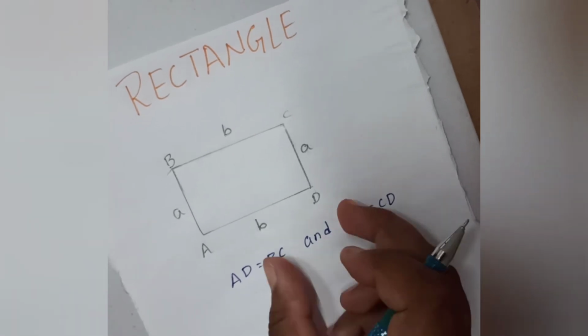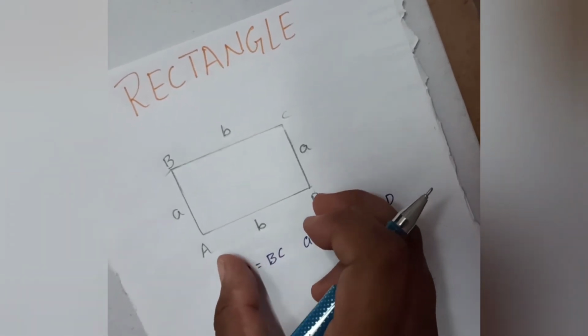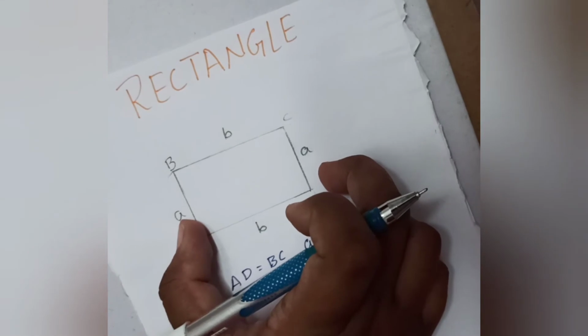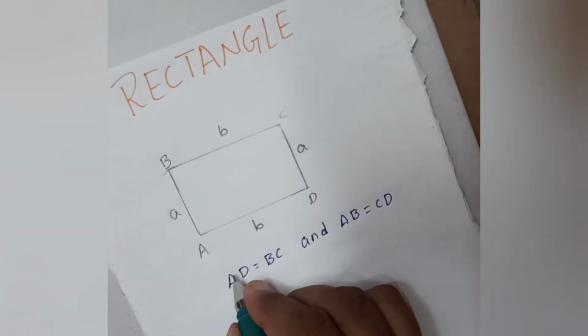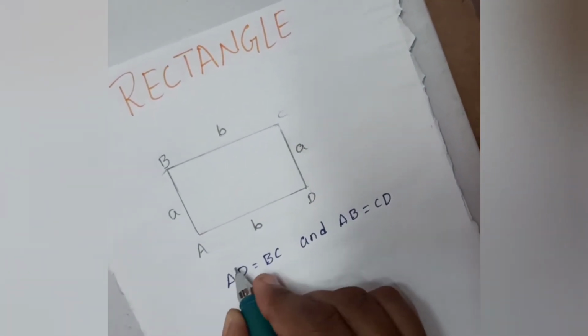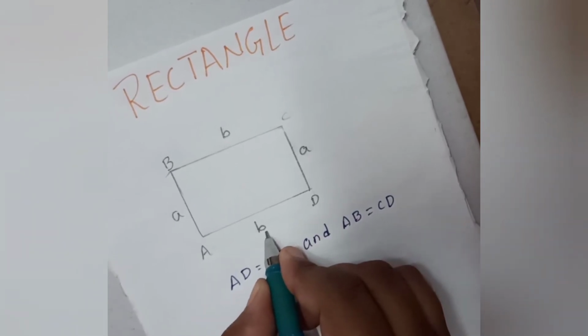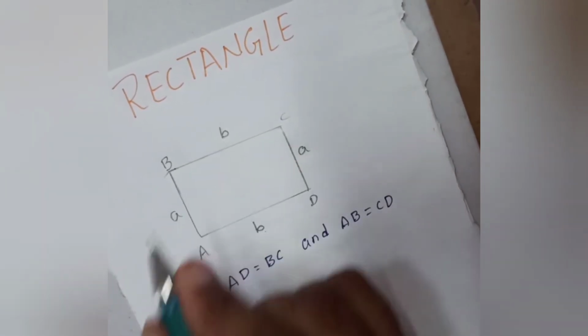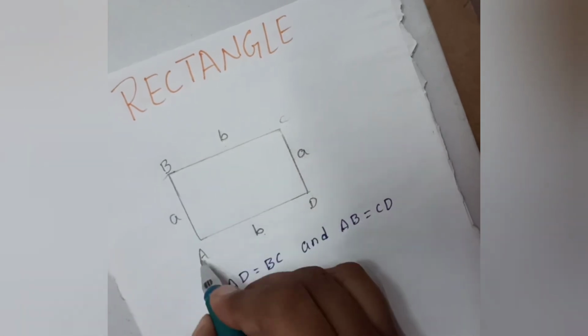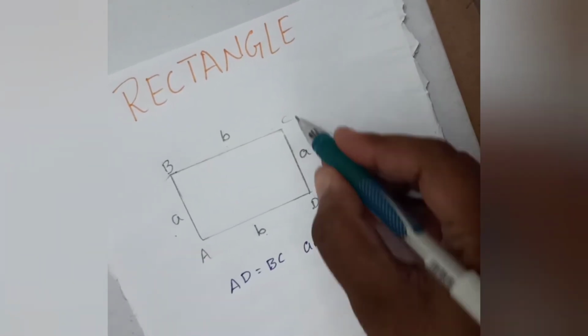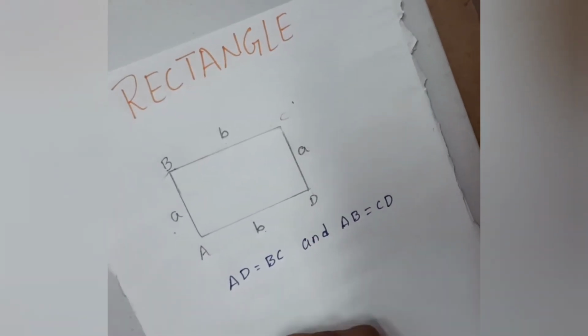Why? Because the rectangle's property is that opposite sides are equal. For example, if AD is equal to B, then BC is also B. If AB equals A, then CD equals A.